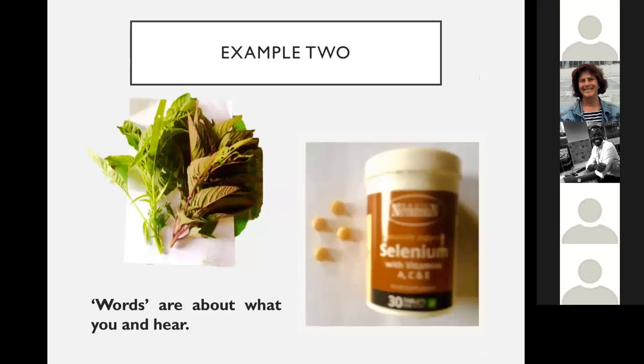Now, example number 2. Karen, I hope we are doing well on time. I'll be winding up soon. Example number 2. So in this picture, one would think these are flowers, and this is a decoration.